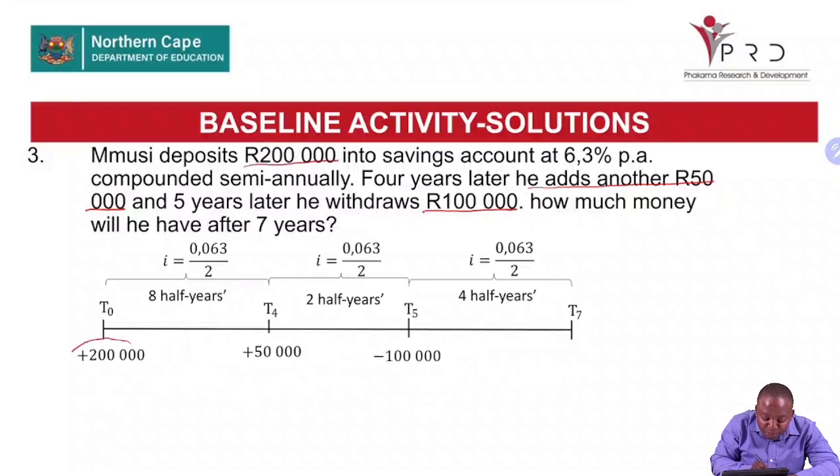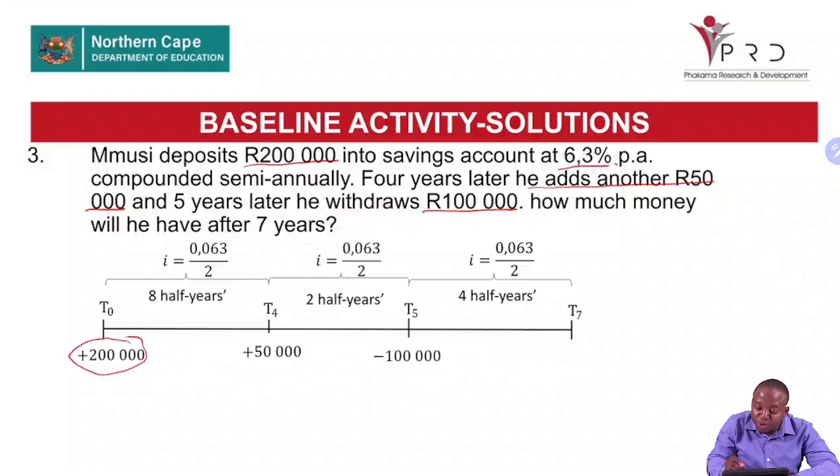This is the amount that he deposits at the beginning, at T0. We deposit that money of 200,000 into the savings account at an interest of 6.3 per annum, and the interest rate quoted is 6.3 compounded semi-annually.